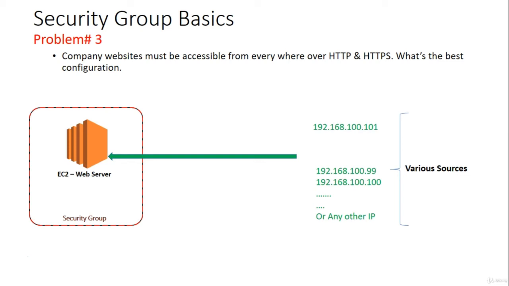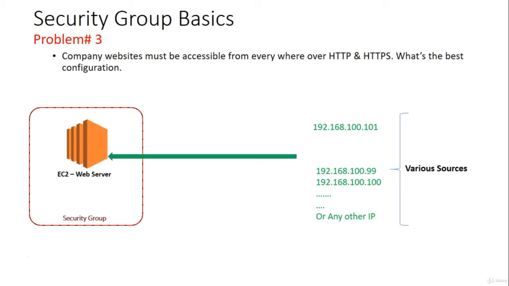What's the best security group configuration? So here you can see your web server hosting your company website, and maybe other websites as well. And now you want them to be accessible from anywhere over the network. Everything is green, which means everything should be allowed in.